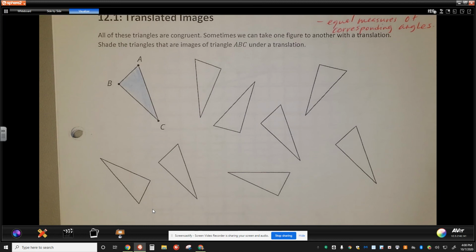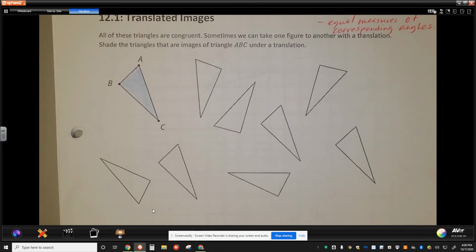In this case, we're only looking for triangles that have been translated from figure ABC. Just a quick recap, translation only occurs when a figure is slid or translated across a plane without turning or reflecting or anything else. The orientation has to stay the same.